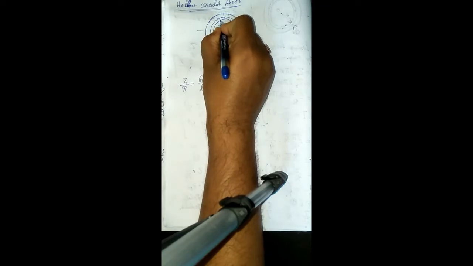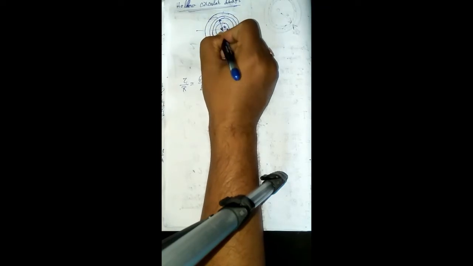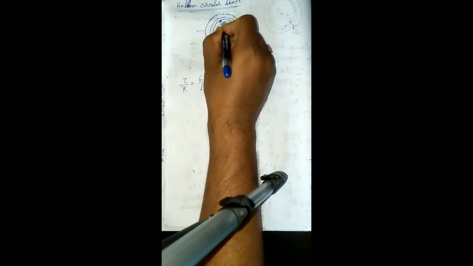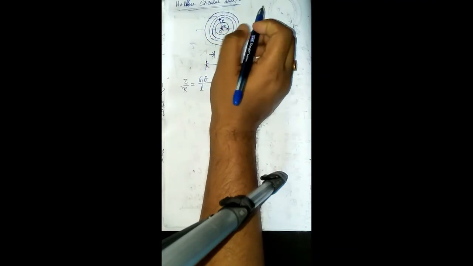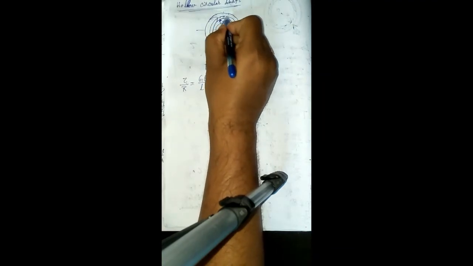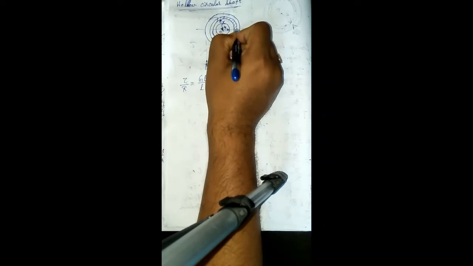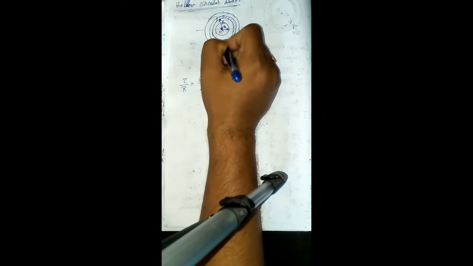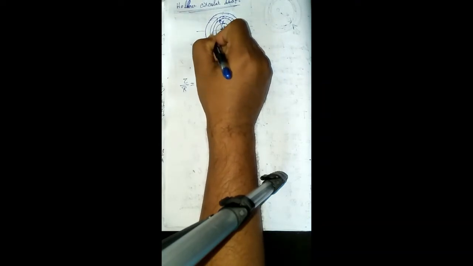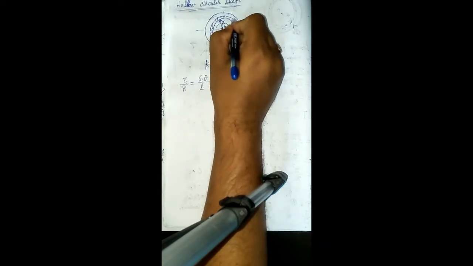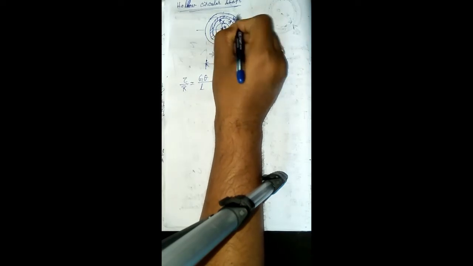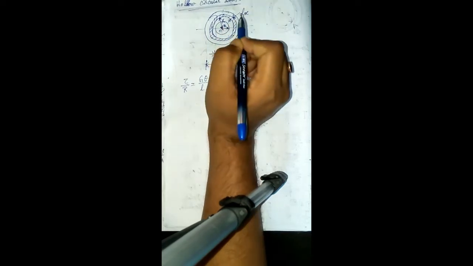This is the x distance from the center O. This is the elementary ring, and the thickness of this elementary ring is dx.